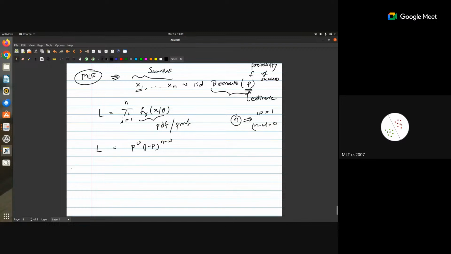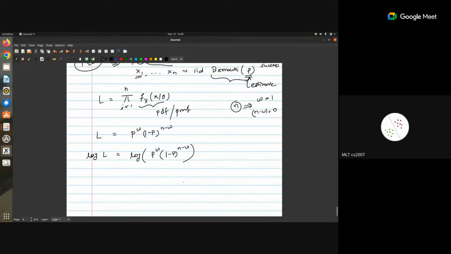Then what do you do? You just find the log of the likelihood. The log of p to the power w into (1 minus p) to the power n minus w.